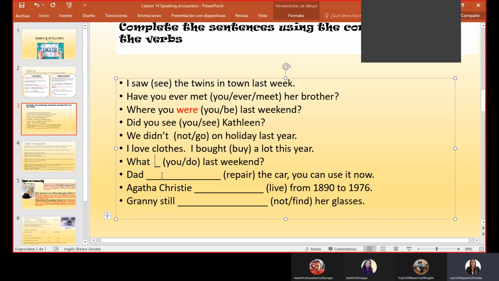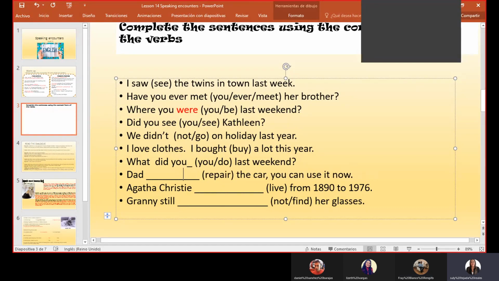Bueno, chicos, sigamos con ustedes por acá. What did you do last weekend? Correct. What did you do last weekend? Here. That repaired the card. How do you spell repair? Excuse me.